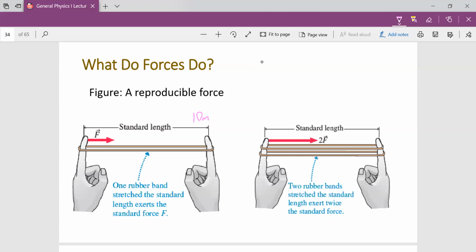We want to first start with a simple experiment, and we call this experiment reproducible force. Reproducible force means we can reproduce it. If you have a force and you have parameters defined, you can keep producing that kind of force over and over. So let's start with this very first experiment.